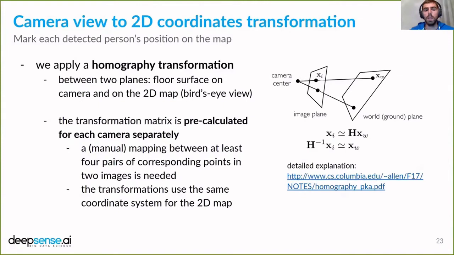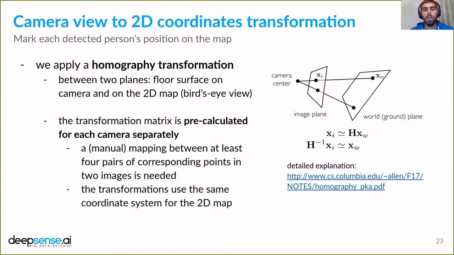So this required estimating the transformation matrix, the homography matrix, and the calculation of this matrix requires mapping between at least 4 pairs of corresponding points in these 2 images. So we had to manually point pairs of pixels that correspond to each other on the floor or any other characteristic spots in the picture.